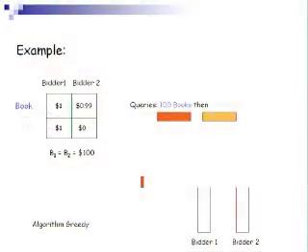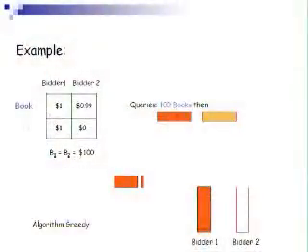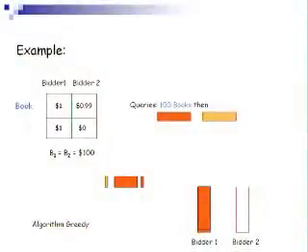When a book query comes, between these two bidders, obviously it should go to the first bidder for $1. And in fact, all these 100 queries should go to the first bidder, and his money is fully used up, his $100. Oh, by the way, B1 and B2 both have $100 each for today. So B1's money is fully used up, and so when the CD queries come, bidder 2 is not interested, bidder 1 has no money, so they all go wasted, right?